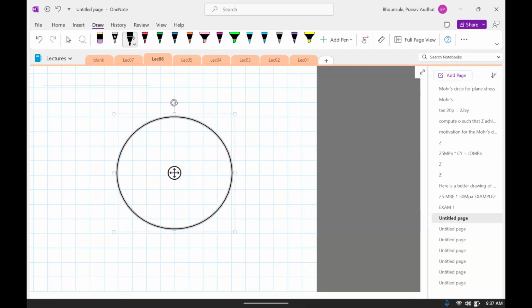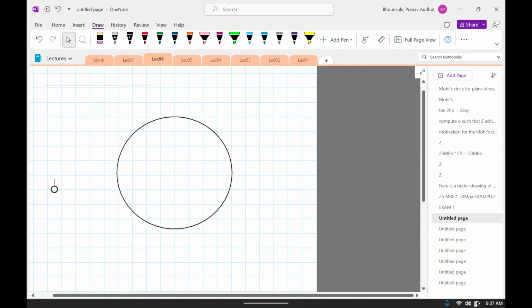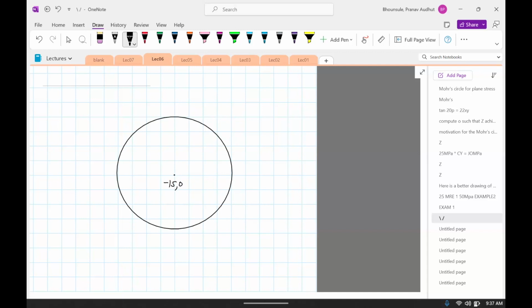And then when I'm showing the axis, I think that this is approximately the center. It should be the center is at minus 15 comma 0. Say this is the origin.